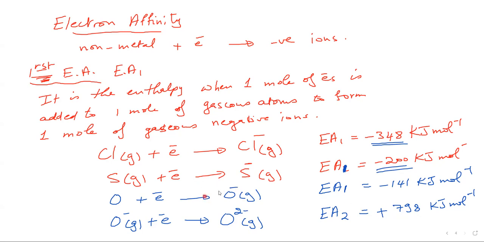Why do different atoms have different values of the first electron affinity? Why do some of them release more heat energy than others when they gain an electron? For example, if I take the first electron affinity of oxygen, its first electron affinity to gain an electron is minus 141.1.